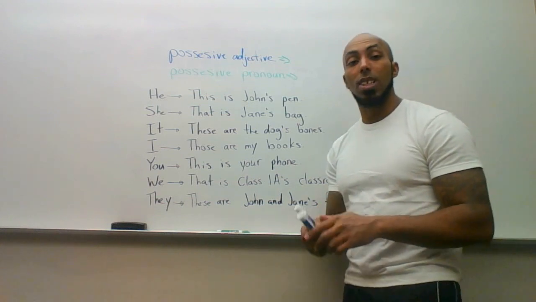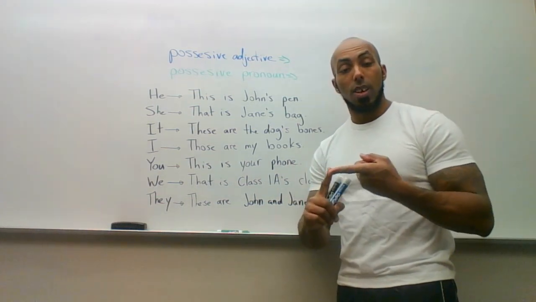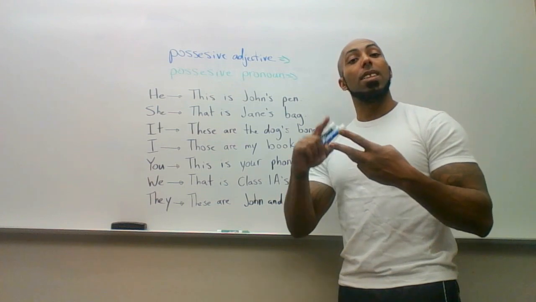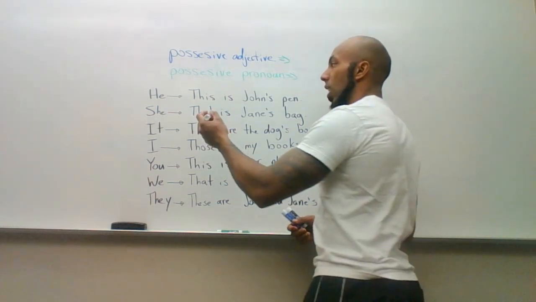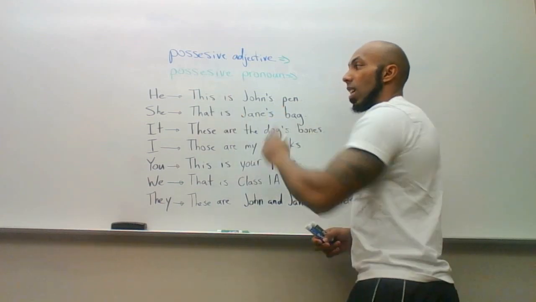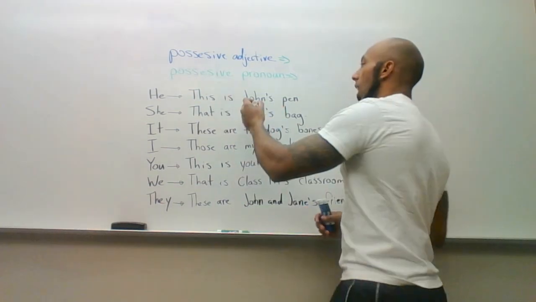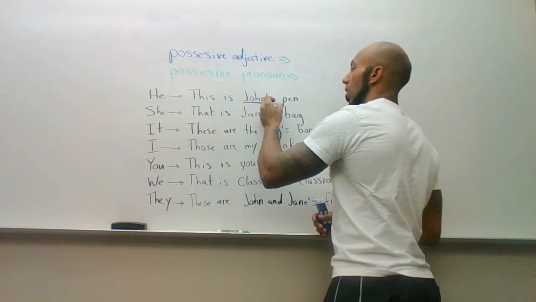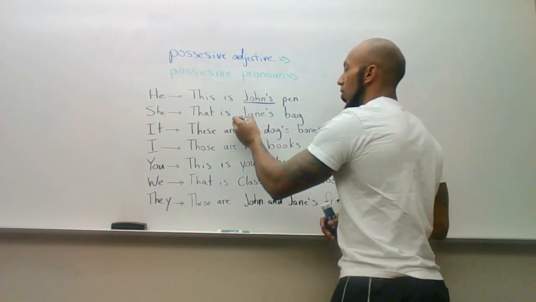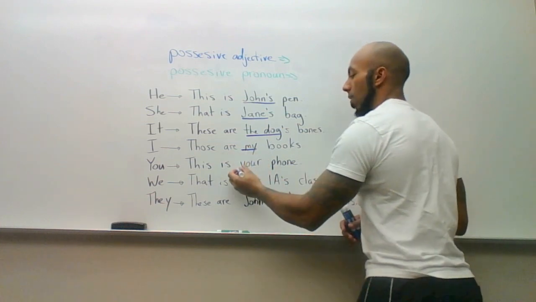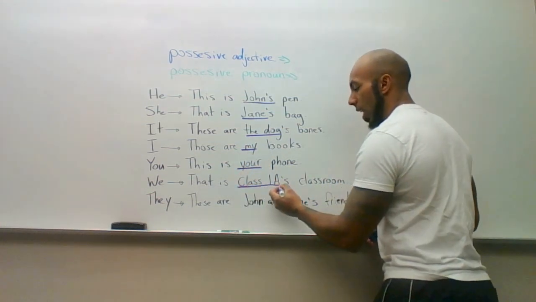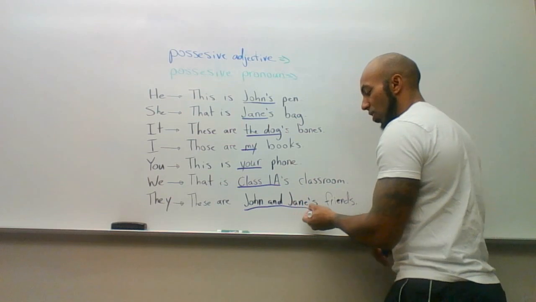Now remember, a sentence is a subject and a verb, and sometimes an object, okay? So the subject of this sentence is John. The subject here is Jane, the dog, my, your, class 1A, and John and Jane.